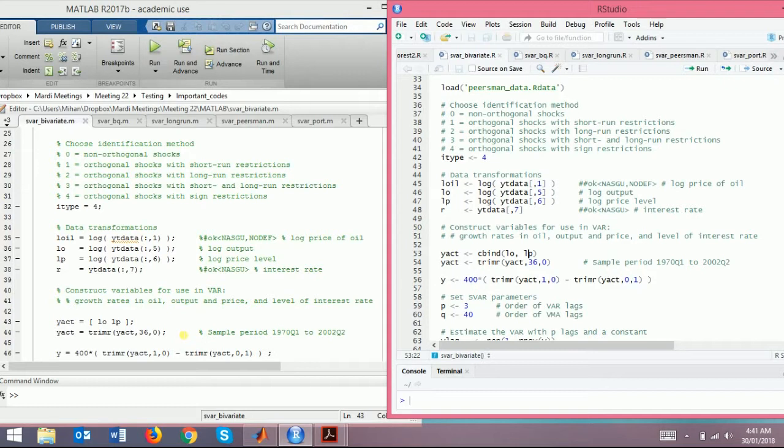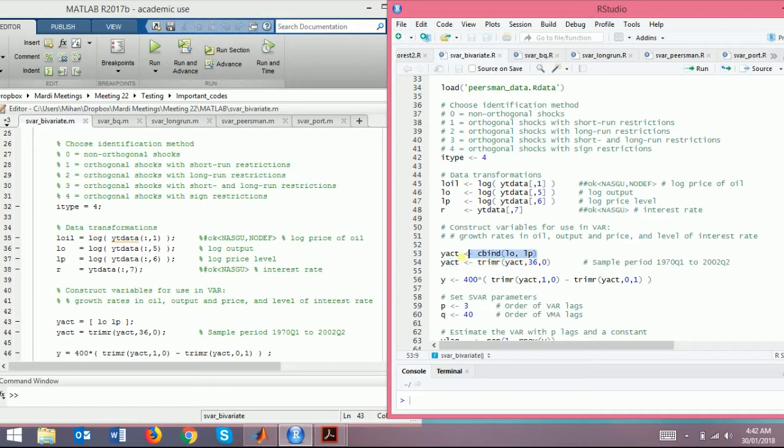The purpose of trimming the first 36 rows is that we're going to use the sample period from 1970 to 2002 quarter 2. So we have a selected number of years. Our question had more data, so the trim allows us to remove the first unnecessary years of elements that we don't need to use in our question.